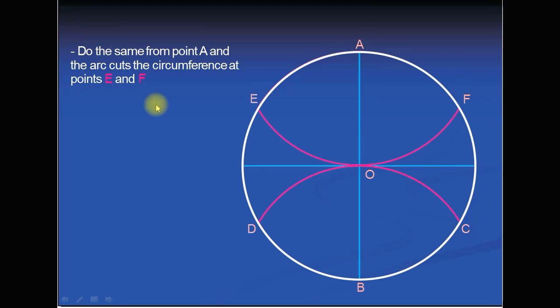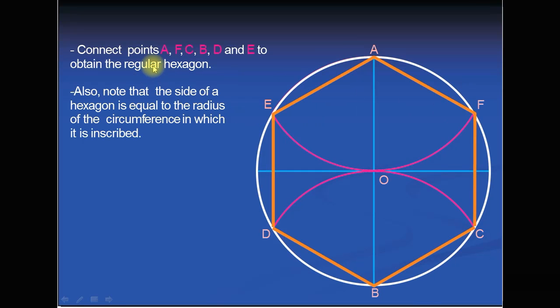Now do the same from point A. Put the compass at this point A and open the compass about AO and draw this arc. This arc touches the circle at points E and F. Now connect the points A, F, C, B, D and E to obtain the regular hexagon.